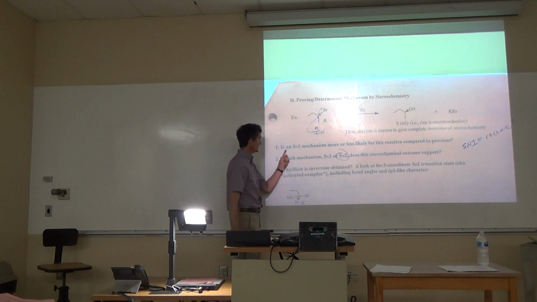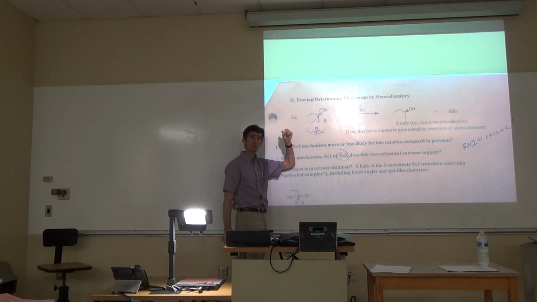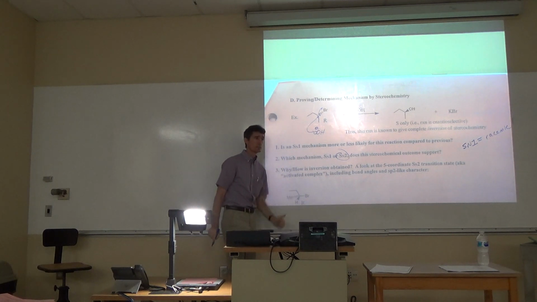Okay? We didn't answer the first question. Is the SN1 mechanism more or less likely for this reaction compared to the previous? Isn't it more likely because it's going to form a tertiary carbocation? Wouldn't be tertiary. Or secondary? It'd be secondary. If it made a cation, is that more likely than the previous? Yes, it's more likely than the previous.